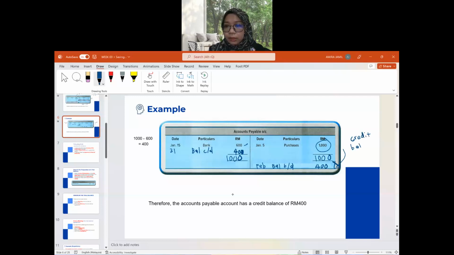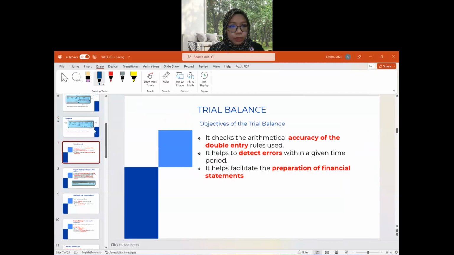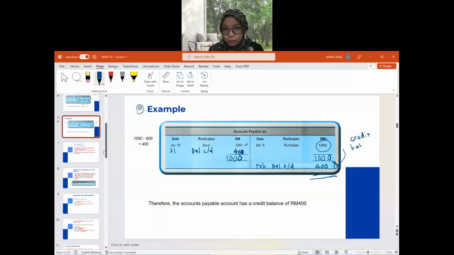For accounts payable, a credit balance means there is still a 400 ringgit amount that we owe to the seller, to the business. This is how we balance off the T account or the ledger.